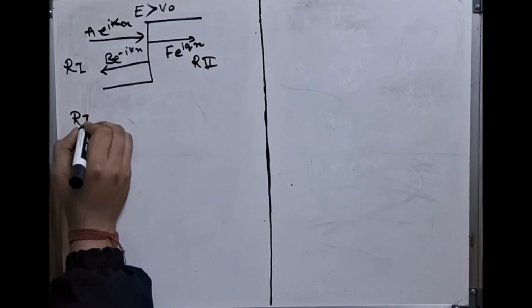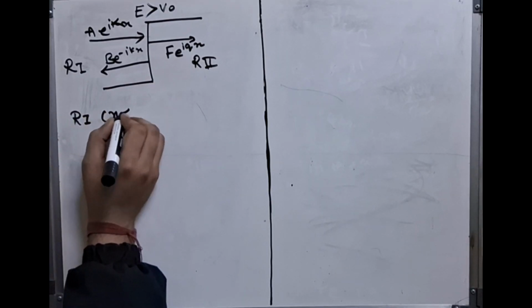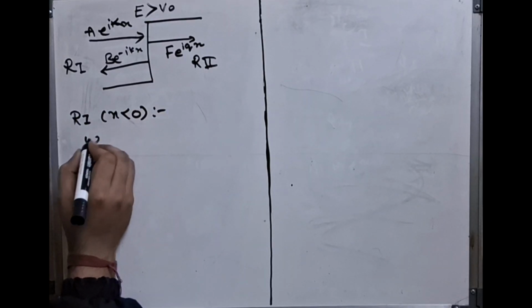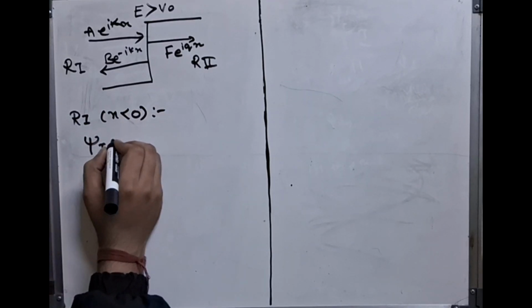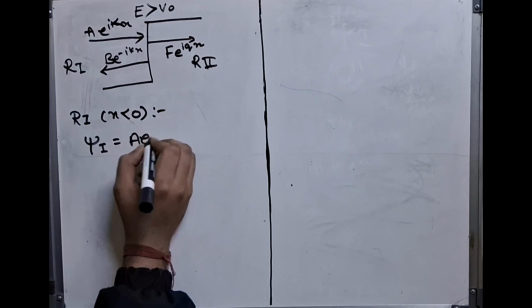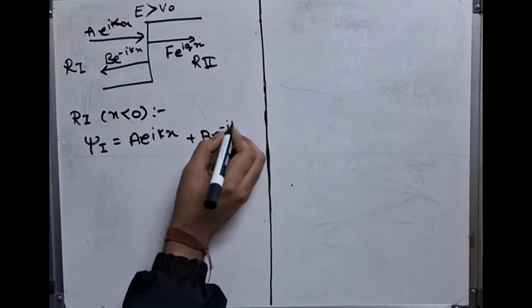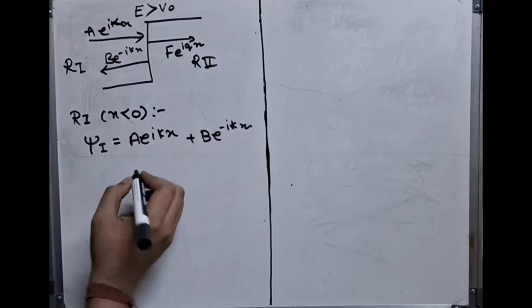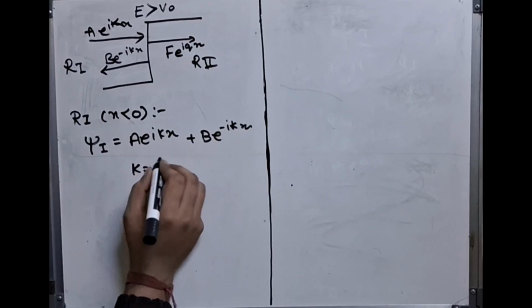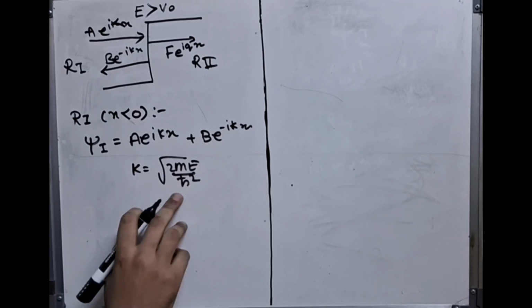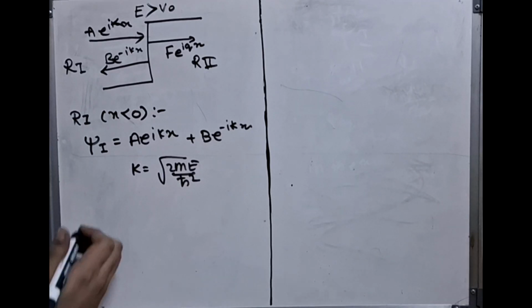So in region 1, where our x is less than 0, we have this equation of psi 1, the wave function, as a e raised to i k x plus b e raised to minus i k x, where our k is basically root 2 m E by h cut square. This comes from Schrodinger's equation.